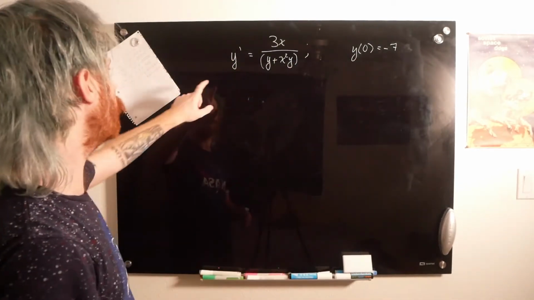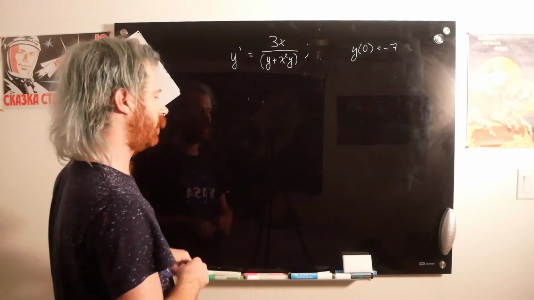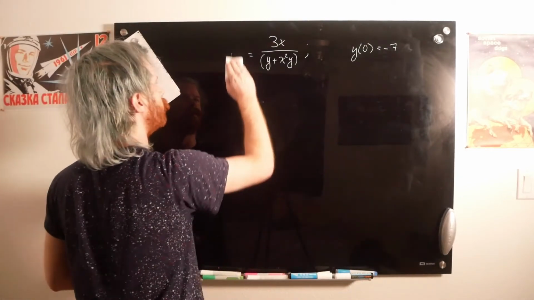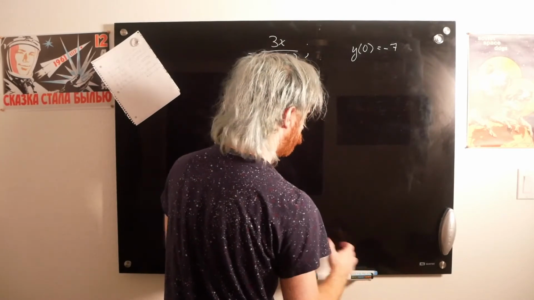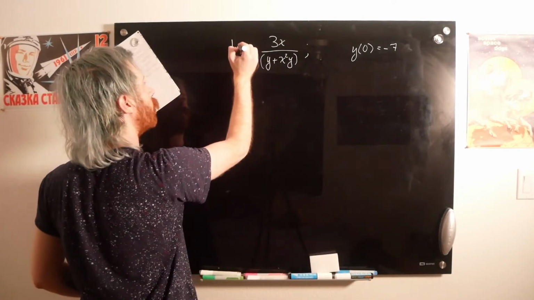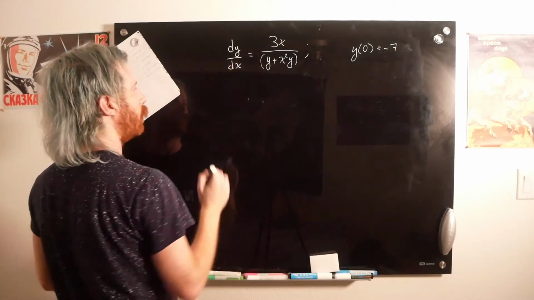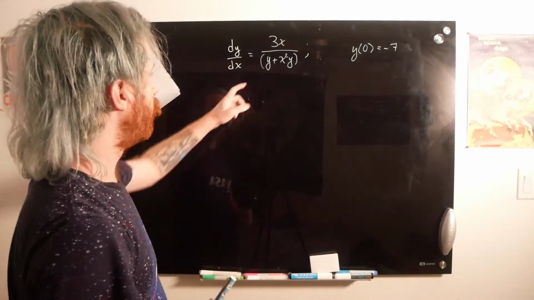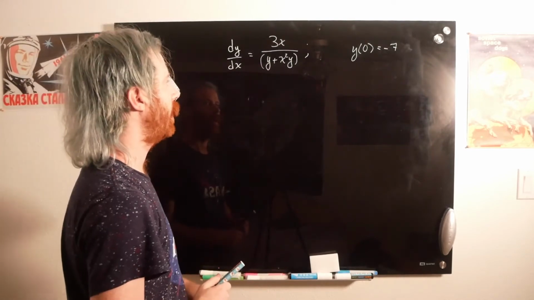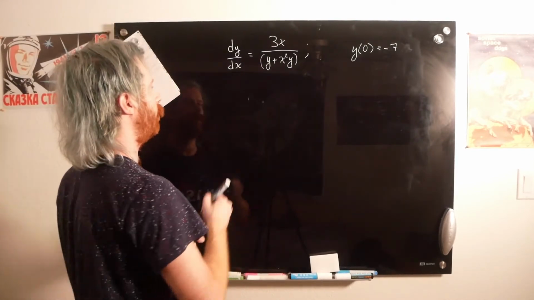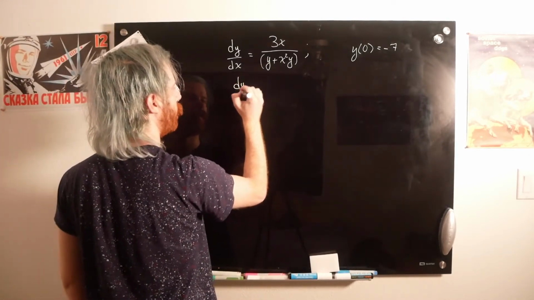So what we're going to do is change this to dy over dx and start to make it separable. Okay, so now let's go ahead and factor the y out of this denominator right here.